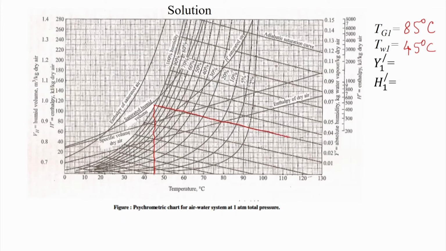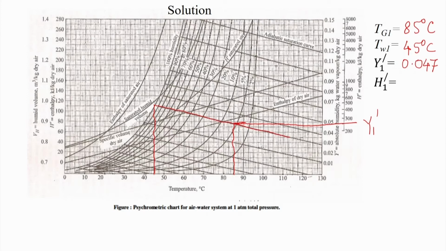We will move from 85 degree, that is Tg1, in the vertical direction, touch one point, and from here move towards the y axis, and from here we get y1 prime, which is 0.047 kg per kg dry air.